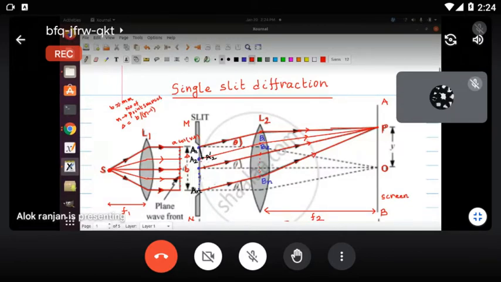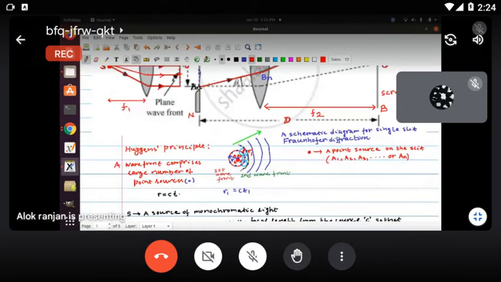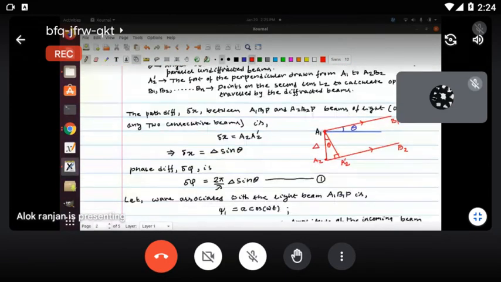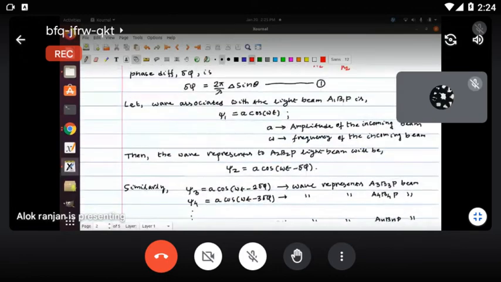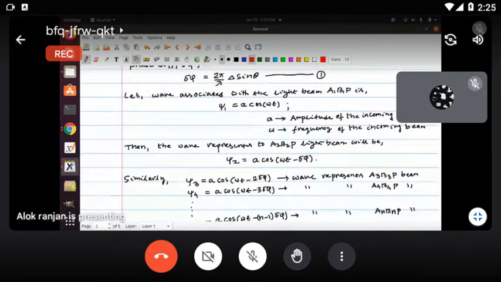Then you get the wave associated with the A2 B2 P light beam. You can repeat this procedure to get the wave associated with the rest of the light beams that eventually converge at the point P over the screen.